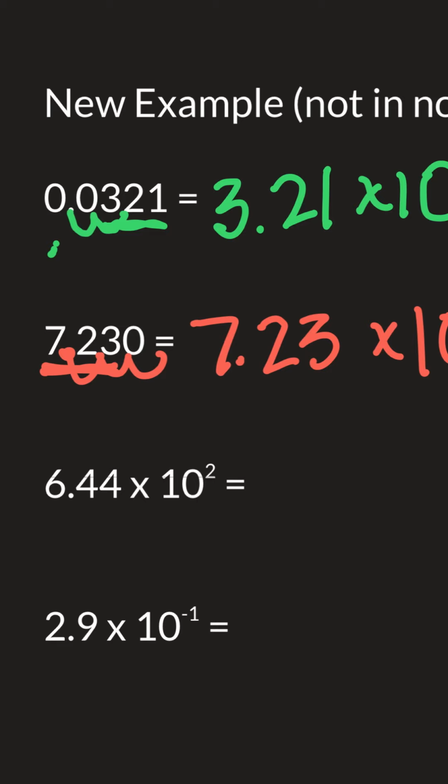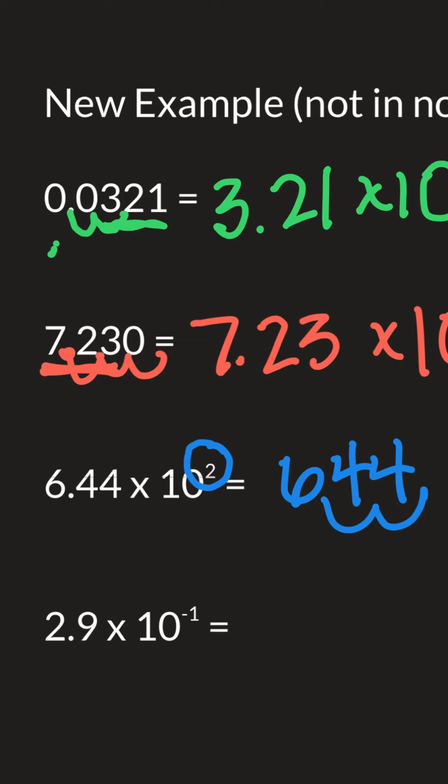Actually, never mind, scratch that. This one, we're writing it in long form. Again, it's a positive exponent, which means that we're going to make the number bigger. Now it's only 2 jumps. So again, I write 6.44. But if I jump that decimal over 2 spots, I simply get 644. I hope that one makes sense.